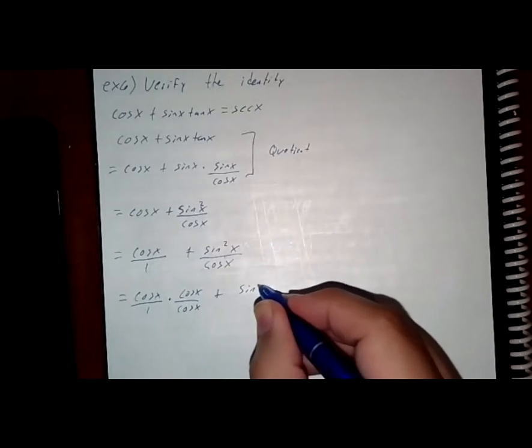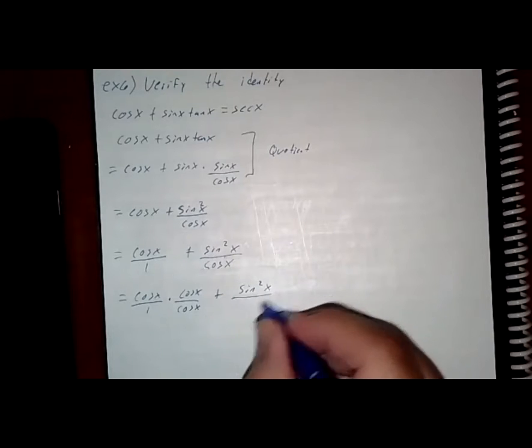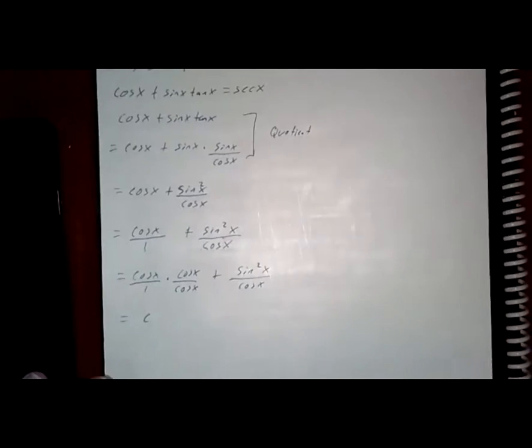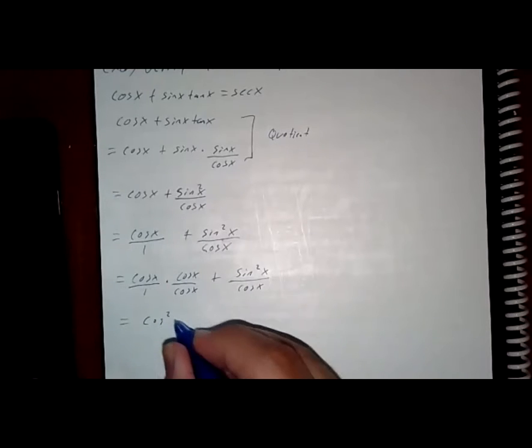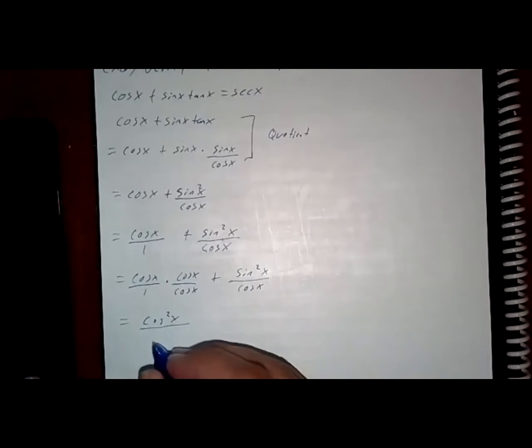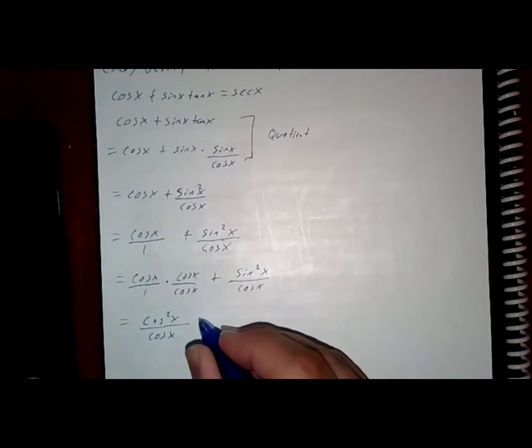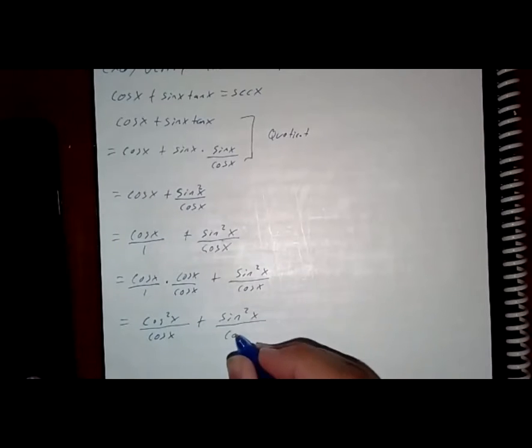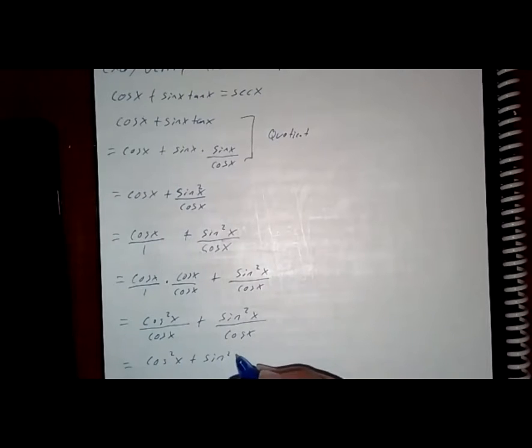The other one's good. So that will give me cosine squared x over cosine x. Now that they have the same denominator, add them together. This will give us cosine squared x plus sine squared x over cosine x.